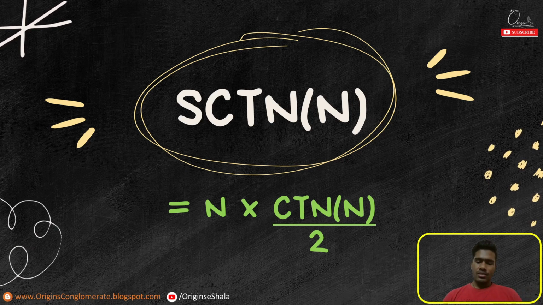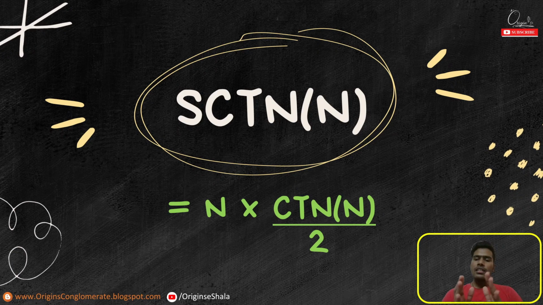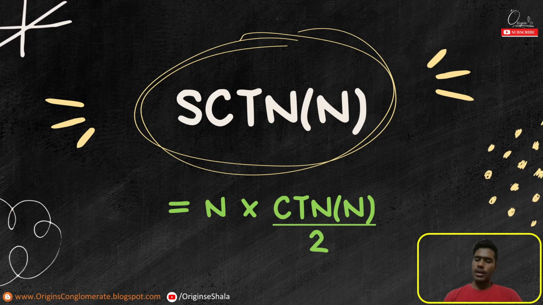These pairs that you are getting, like 11 and 1, 5 and 7, indicate that this many pairs you can get based on the count of numbers which are coprime to it. So you will get the SCTN, or sum of coprimes to a number.